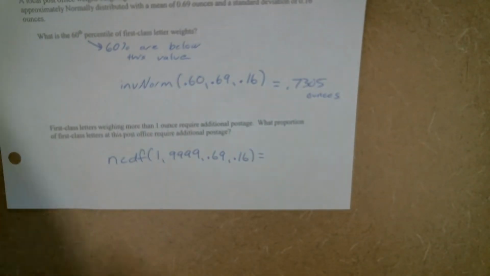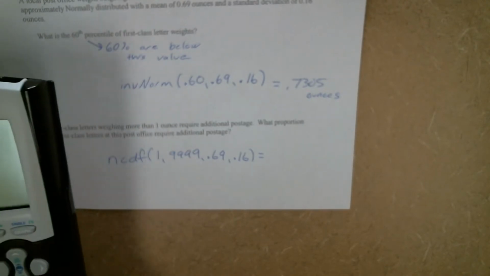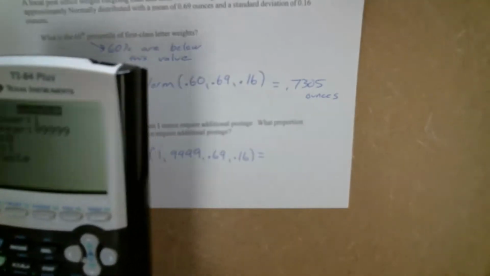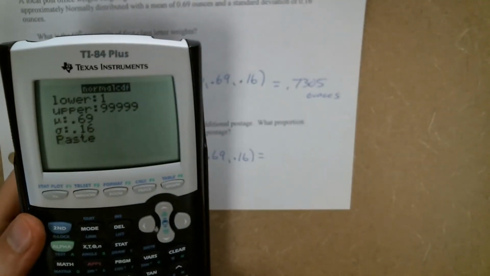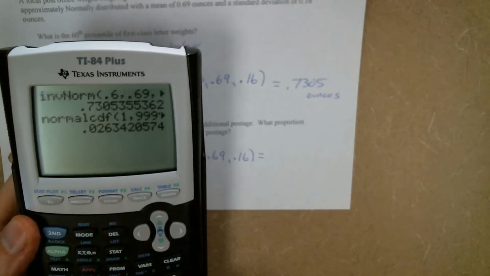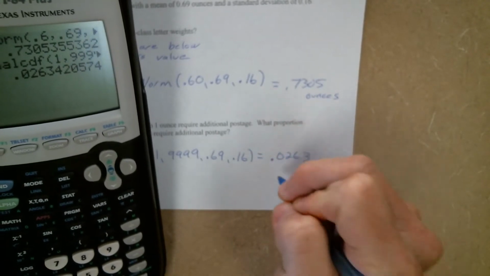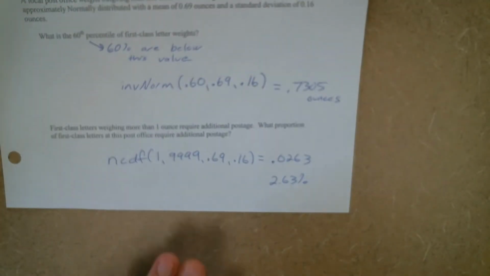Again, these questions should look familiar, but you get to do them a slightly different way now that we're further along in the course. So 0.69, 0.16, and we end up with 0.0263, or 2.63%.